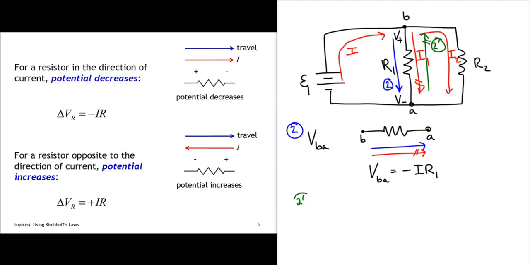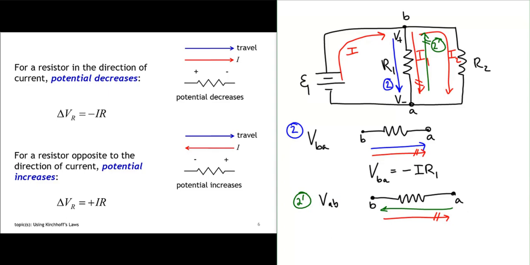So 2 prime, we are going from A to B. And in going from A to B, well, I'll still do my B to A like this, but we are going from A to B. Yet the current is going from B to A. So notice the path of our analysis is opposite to the direction of our current.